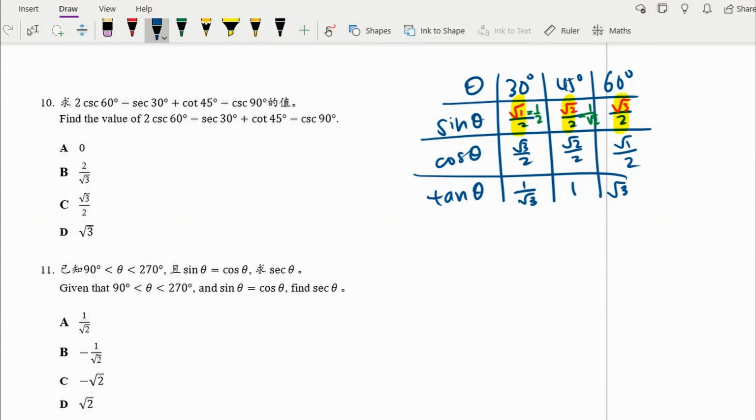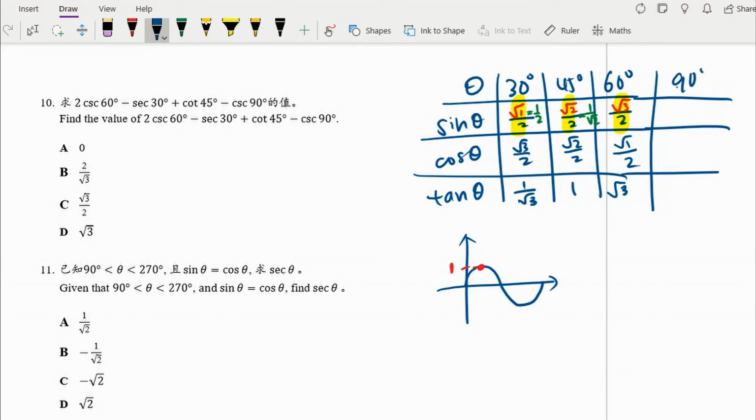You know that the sine graph is like this, right? Perhaps I draw it here. This is your sine graph. Where's your 90? Your 90 is here, which is the maximum, which is 1. So sine 90 is 1. I just extend this table here.